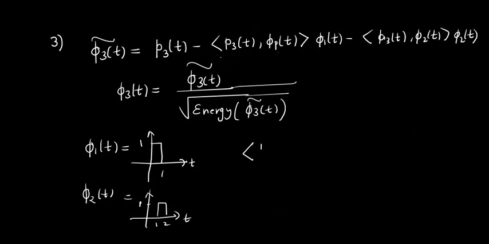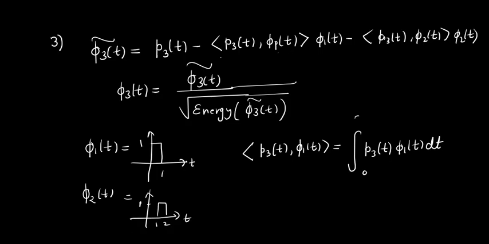So, let us first evaluate this term, the inner product of p 3 t with phi 1 t, which is the integral of p 3 t phi 1 t dt, and the limits will be from 0 to 2, right, because you are using 2 units of time for communication for our purpose. As you can see, phi 1 t is only 1 from 0 to 1, and the rest it is 0.